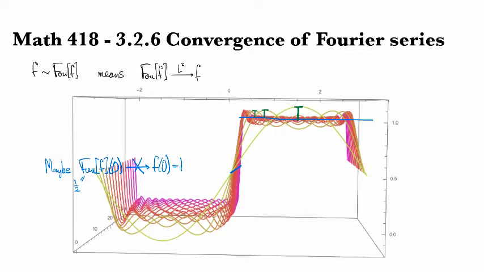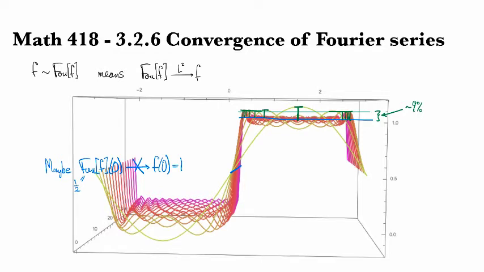For higher terms, we're still always somehow off by about this much. Those peaks happen out here, and the height of those peaks never drops below some line, which is about 9% of the jump distance right here. So this gap right here is about 9% of the height of the jump, in this case being from 0 to 1.